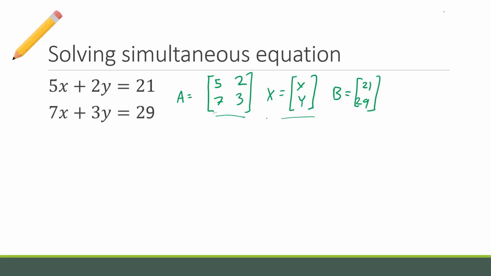So once we've done this, we can then do this idea here. Ax equals b. This times this equals this. 5 times x plus 2 times y equals 21.